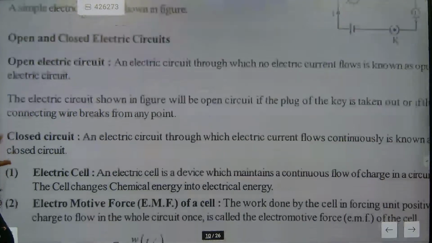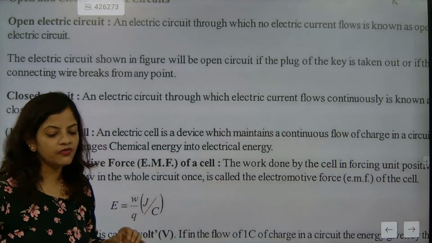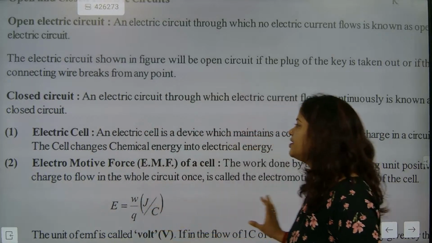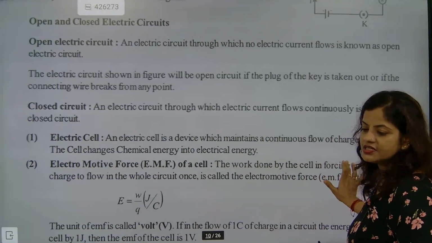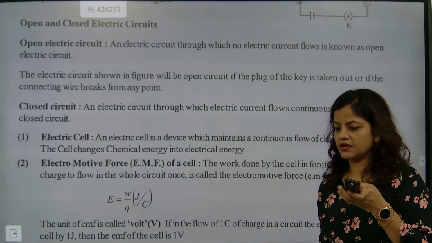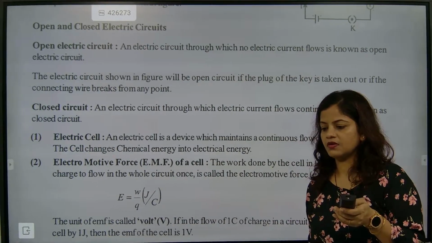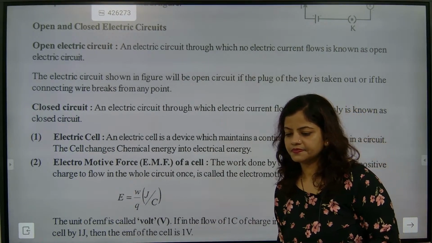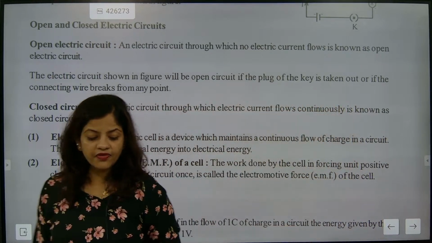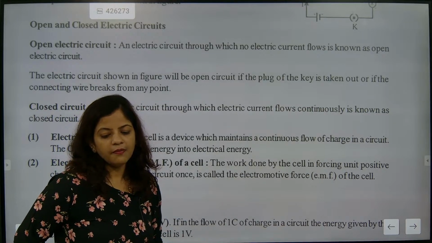So open circuit and closed circuit we have already understood. Now we need to understand the meaning of electromotive force. So electric cells, I hope everybody understood what an electric cell means.